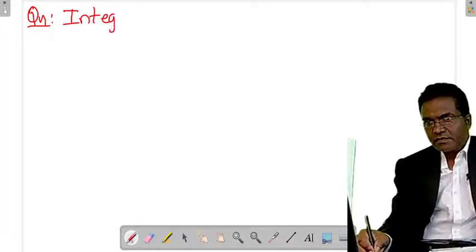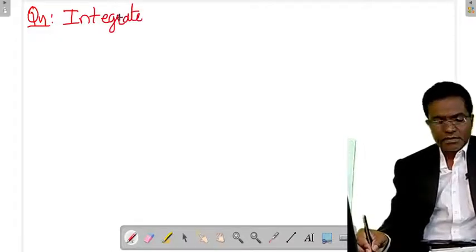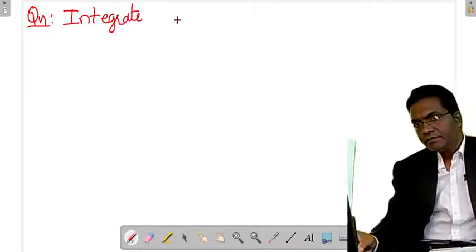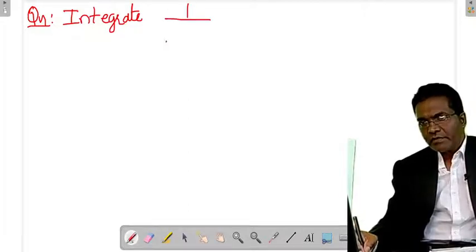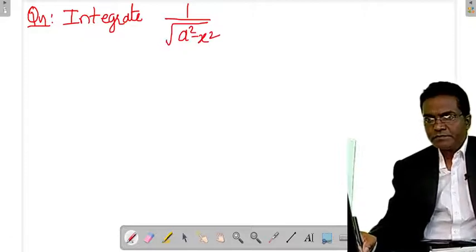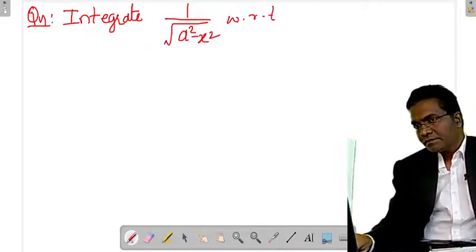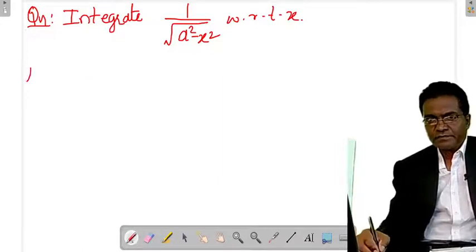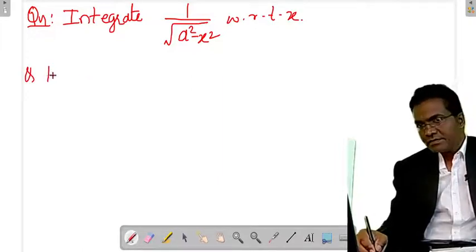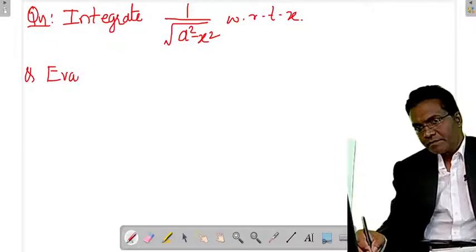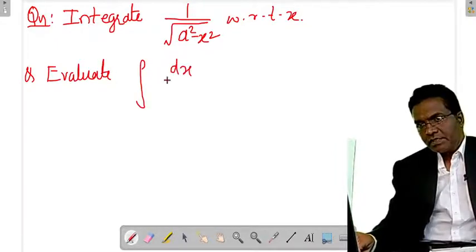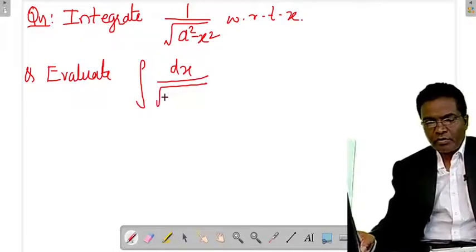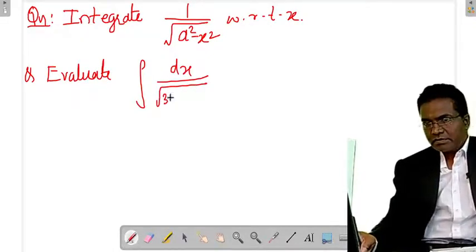Integrate 1 by square root of a square minus x square with respect to x, and evaluate say dx by square root of 36 minus x square.